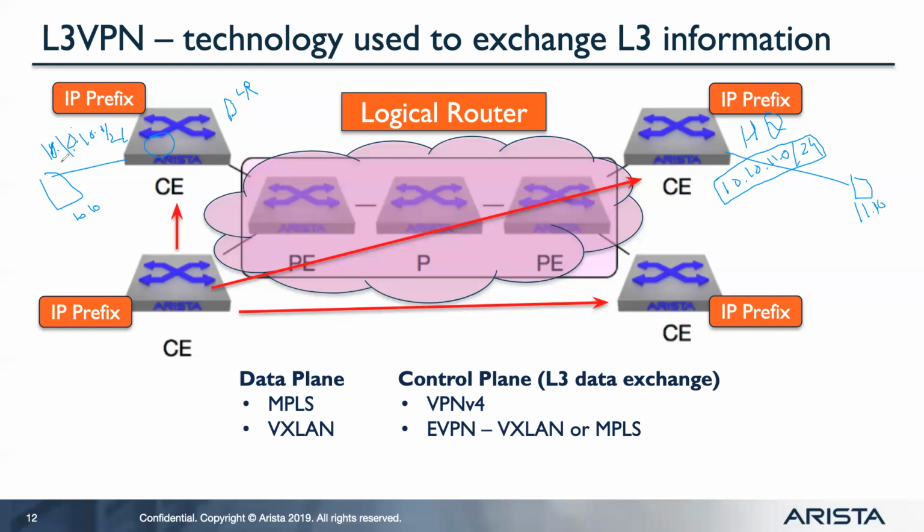Similarly, 10.10.10.0/24 should be received here, so that it can advertise any traffic destined to this subnet over this service provider. Obviously, at the service provider, we will have PE devices, and then the backbone of all the PE devices.